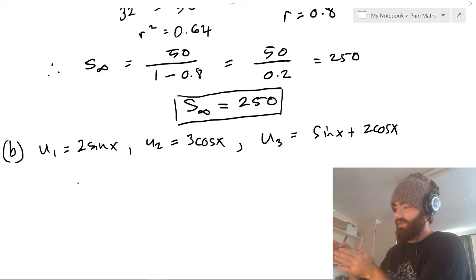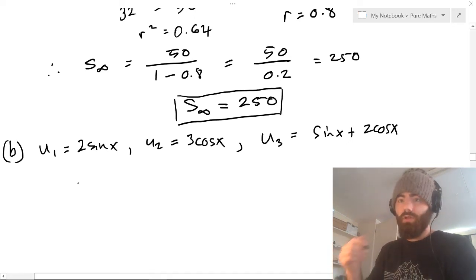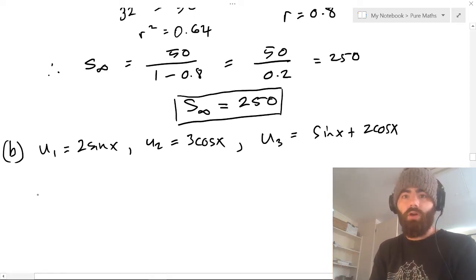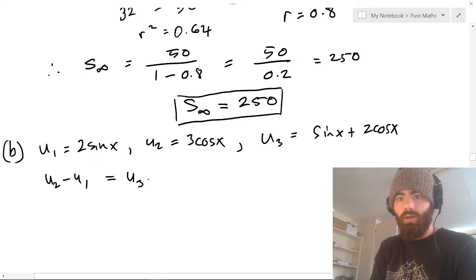There's a constant difference between each term. So because it's arithmetic, u2 minus u1 equals u3 minus u2.